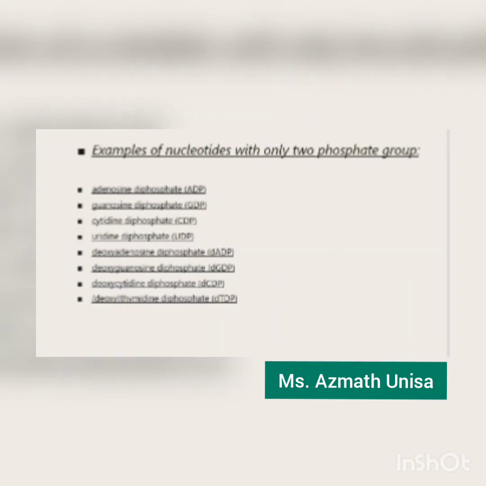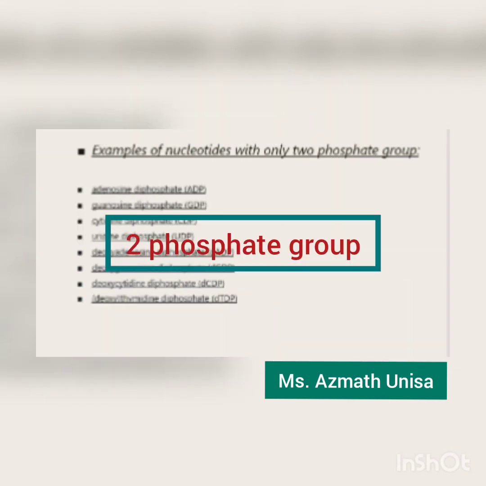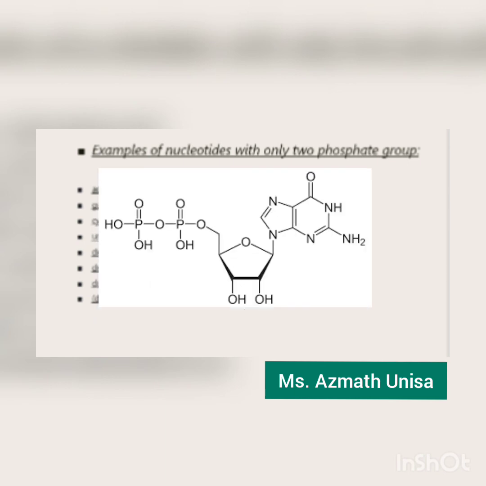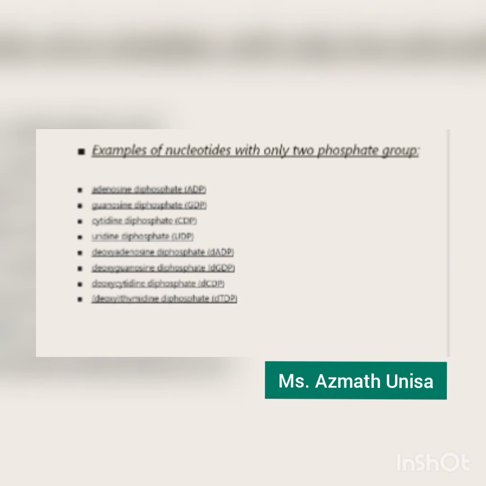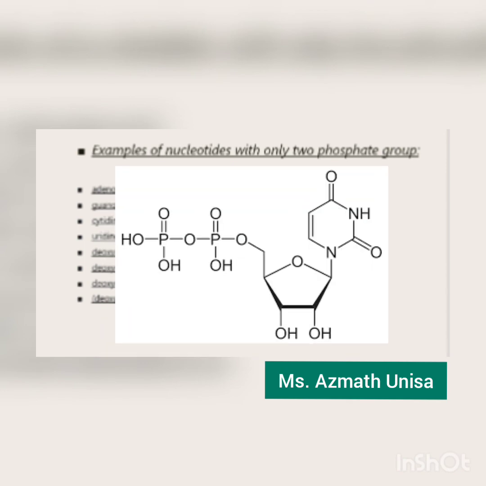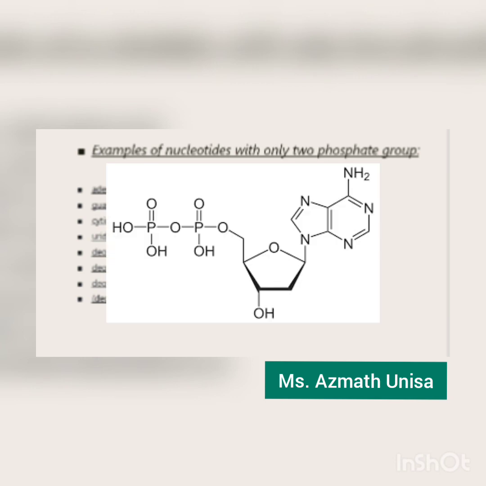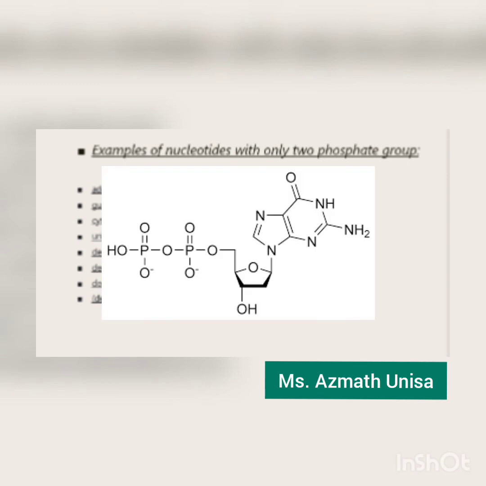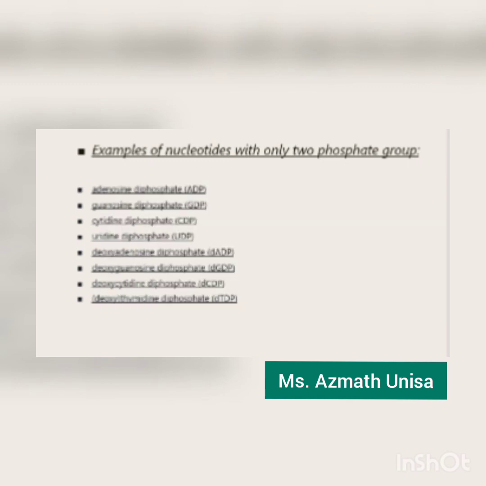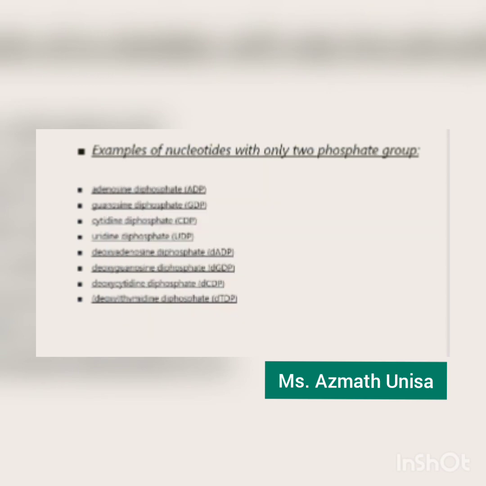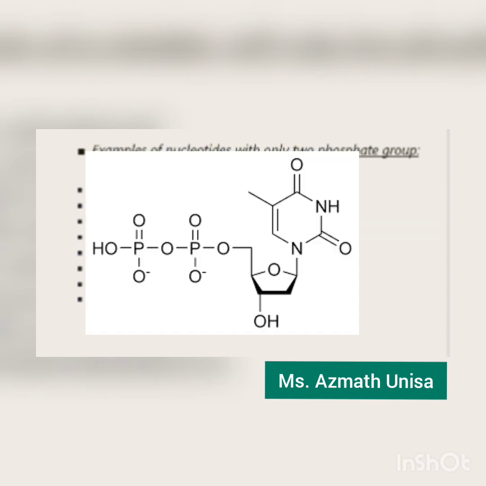The nucleotides with two phosphate groups are adenosine diphosphate, guanosine diphosphate, cytidine diphosphate, uridine diphosphate, and deoxyadenosine diphosphate, deoxyguanosine diphosphate, deoxycytidine diphosphate, or deoxythymidine diphosphate.